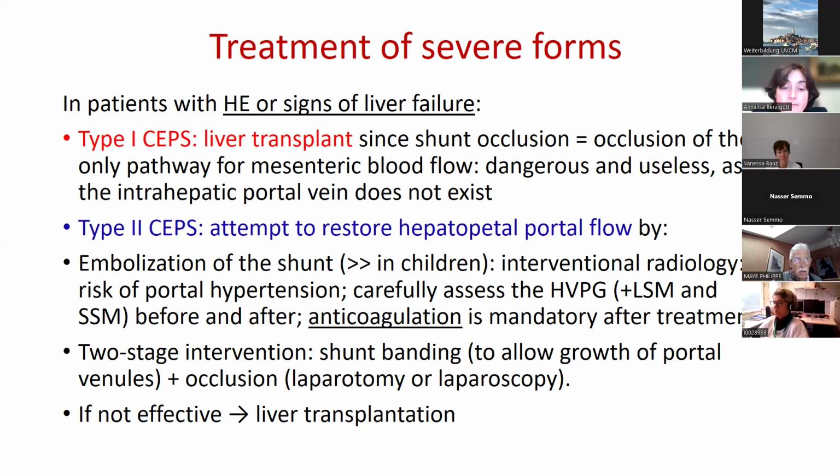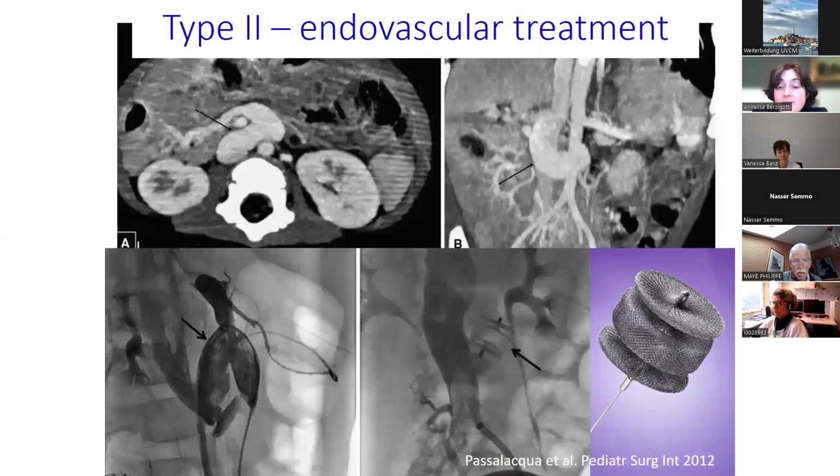Of course, if it's not effective, liver transplantation remains a valid option. There are several cases described in the literature of closing of the shunt. We have in Switzerland one of the best experts in this type of malformation, who is Valerie McLean. So in children, we always refer to her cases that are complex.